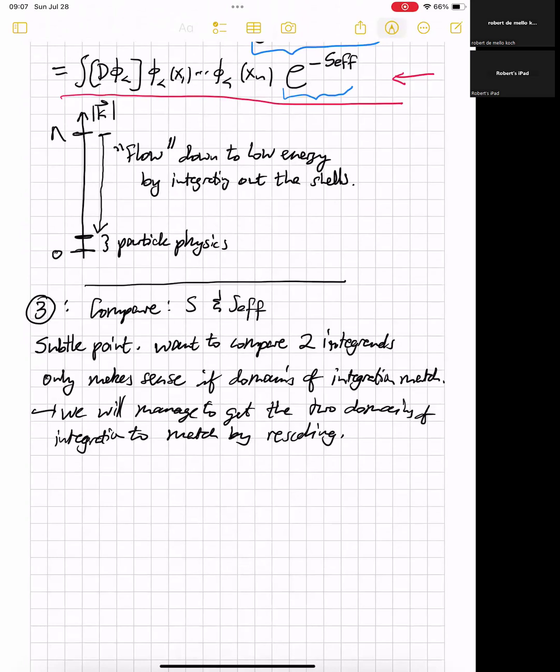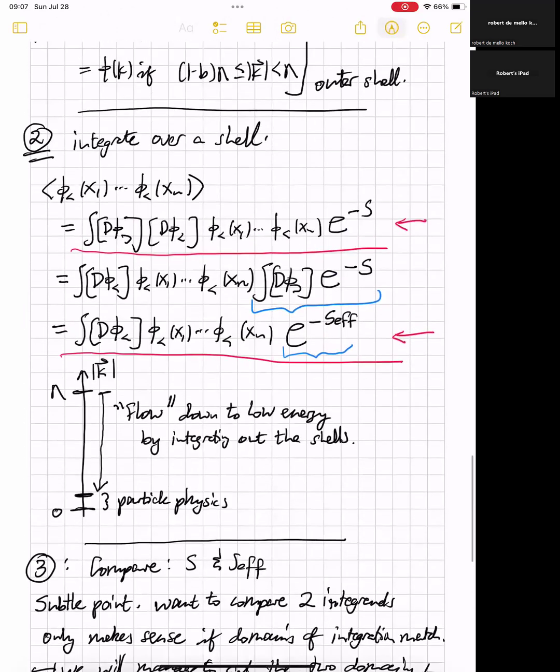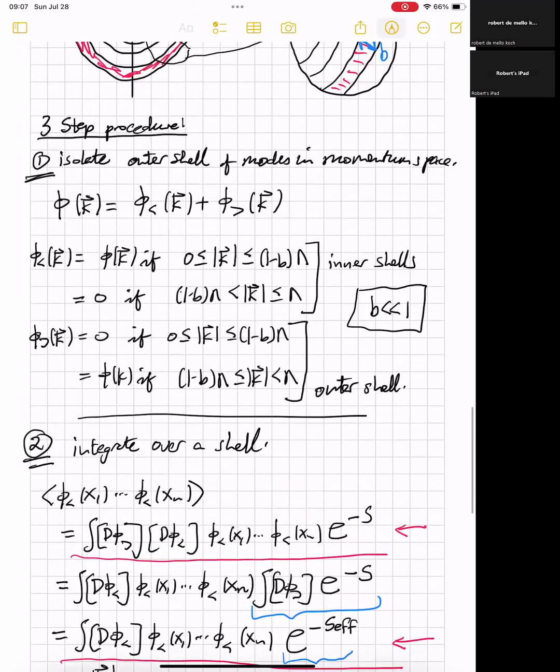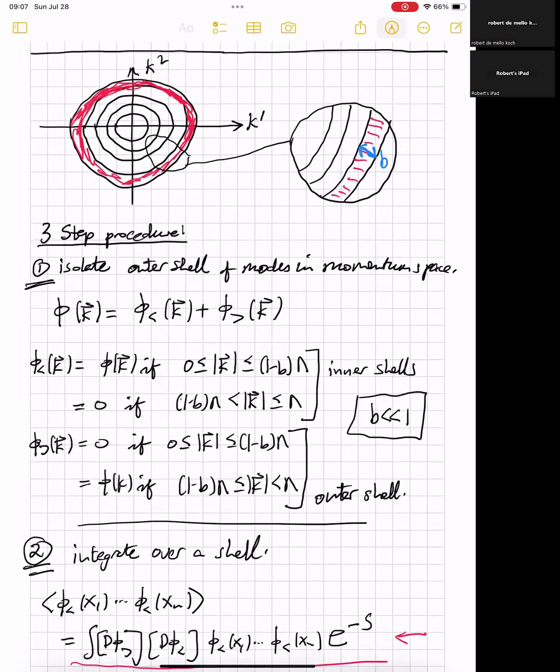Good. So those are the three steps that we will follow. Once you've done the 3 steps, you could then repeat and do the 3 steps again, and so get rid of one more shell. You could keep repeating this until you get rid of an enormous number of shells and then ultimately get to low energy. During this process of repeating these 3 steps, you are going to flow to low energy.